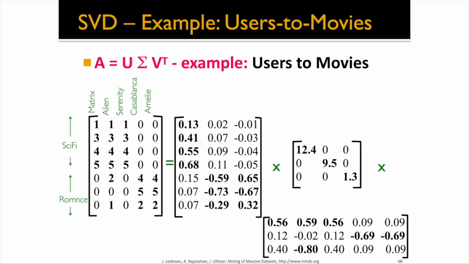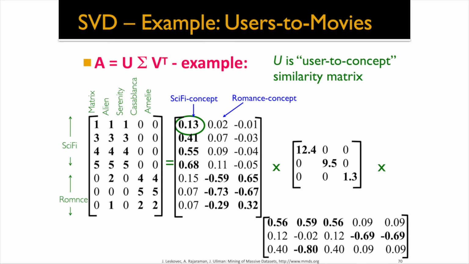So we can ground this into what this actual decomposition may look like of U, sigma, and V transpose, and we say that potentially this first column of U represents the sci-fi concept. This middle column of U represents the romance concept, and this right column of U maybe captures some noise in variation of the data.